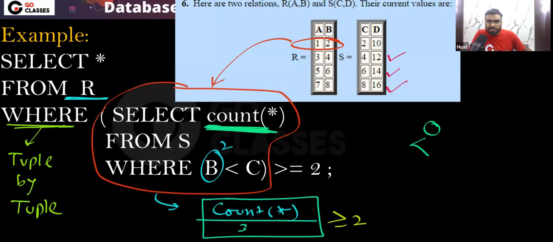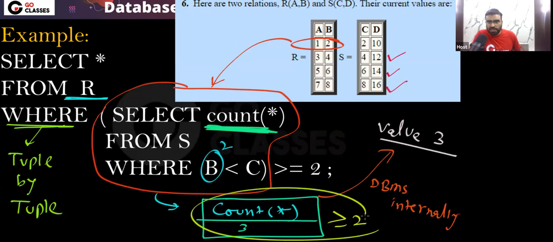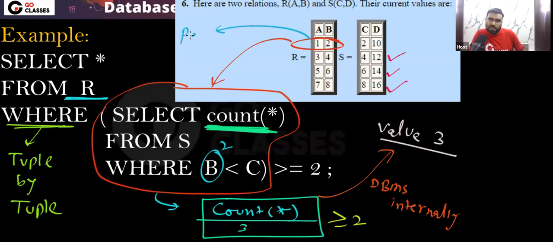The DBMS knows that you will get a single column, single tuple, so internally it converts this into the value 3. Now 3 is greater than or equal to 2, and that is true. So this tuple will pass.